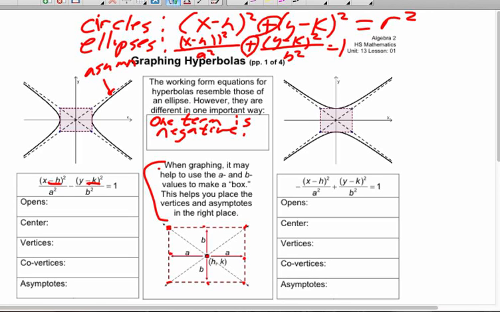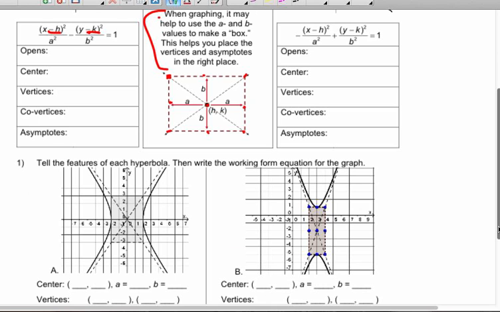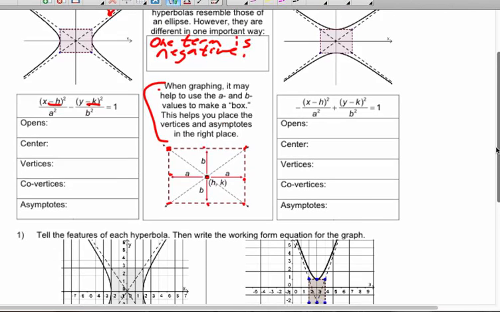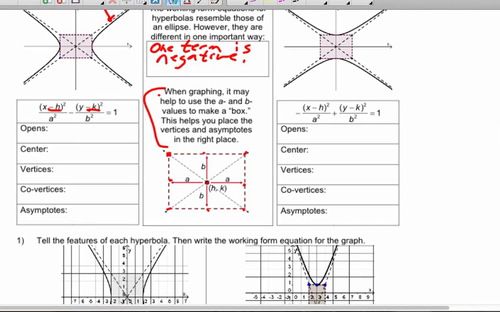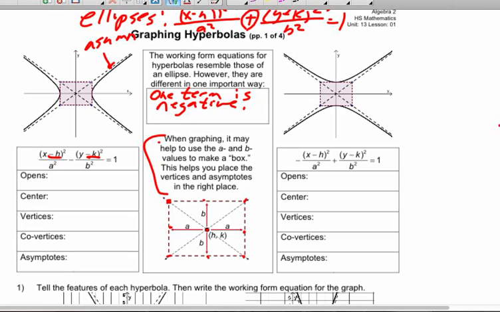Okay, so let's look at a couple of examples of what these guys look like. We'll leave our picture up. All right, let's take a look at the one on the left first. And as you can see, here is our working form of our equation.